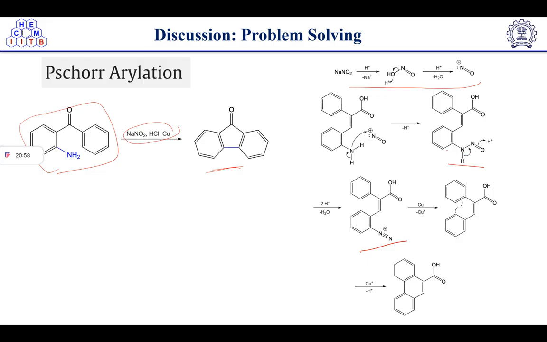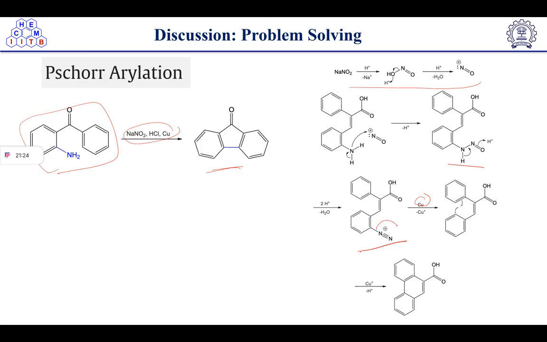Because I have already explained this thing, I'm not repeating it again and again. But just remember here, we are getting diazo. After this diazo, we have here metallic copper, correct? Metallic copper. So copper is in the zero oxidation state, so it can donate an electron. So it will donate one electron.